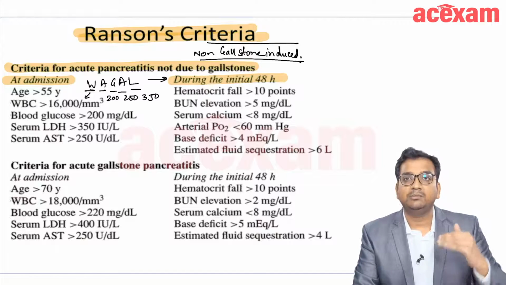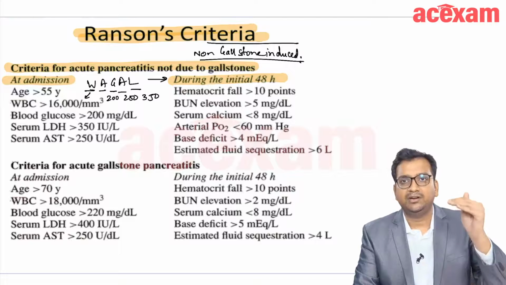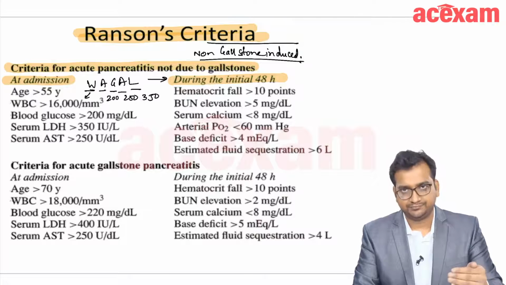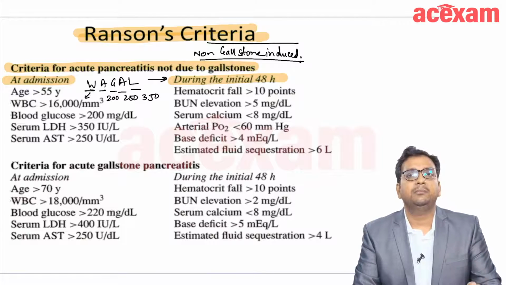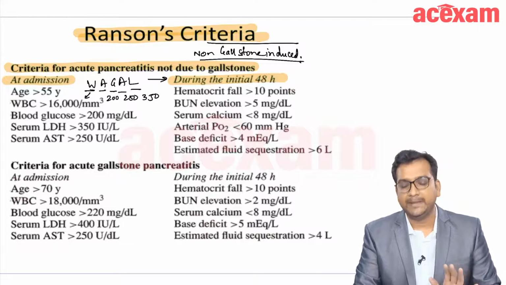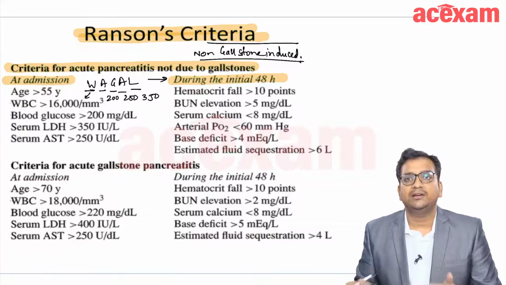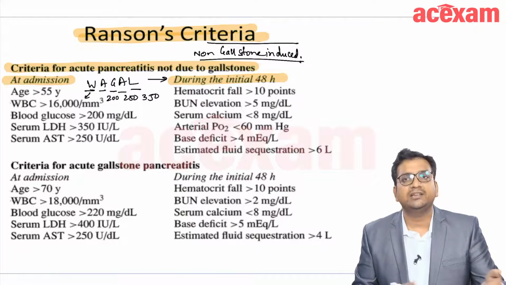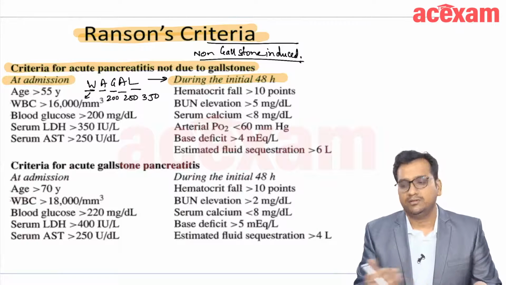The hematocrit will be very high initially, and whenever we give fluids, the hematocrit will fall. Because the patient is so dehydrated, the blood urea nitrogen is high. Because the patient is breathless due to the inflammation, the PaO2 is low. There is acidosis also, so the base deficit is high. And if the calcium is low, it means there is severe pancreatitis.